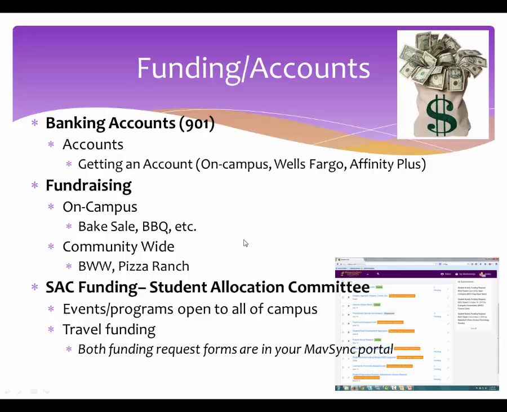For travel funding, you're eligible for up to $50 per member who will be going to the conference or the travel trip with you. This form is also found underneath Forms within your portal. Simply click on the form, fill it out, and that form will be directed to the Student Allocation Committee, who will then make a choice on your application.